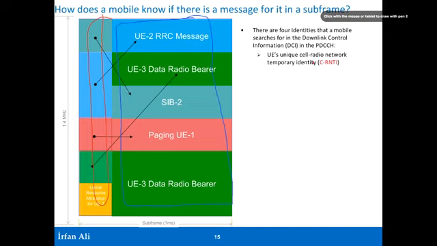There are a few, I think at the end 4 main identities that the mobile tries to figure out. The very first one is its unique identity, which is called the cell radio network temporary identity.